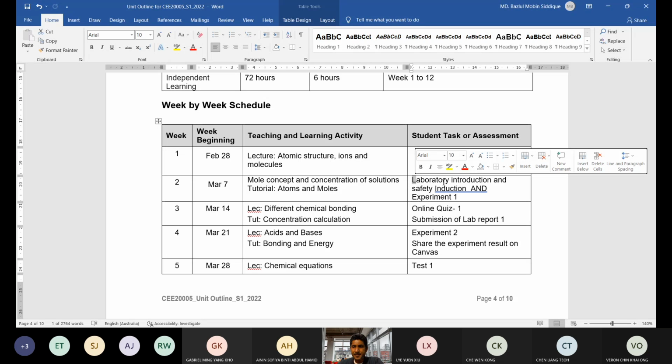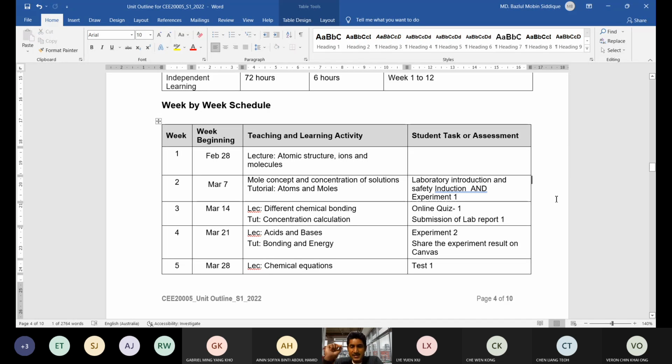It is a kind of titration. I hope students will not be scared to do it, because it is a very simple thing. From experiment 2 on, we will go into more detailed lab work that takes more attention.